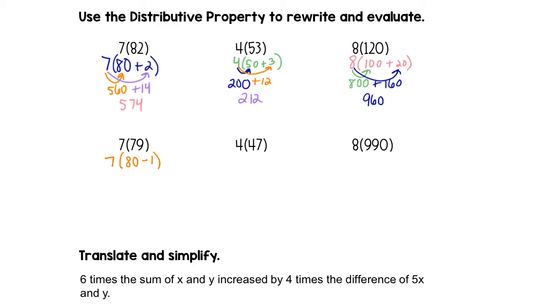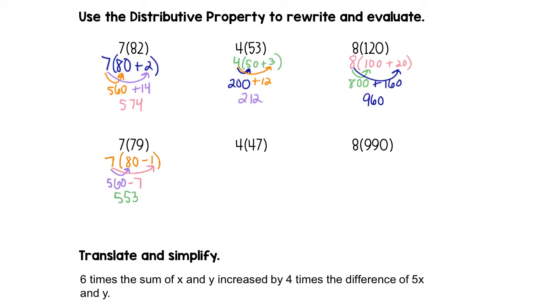Don't get me wrong, you can use 70 plus 9 and multiply it that way and add. This is just a different thought. Now we can multiply. 7 times 80 is 560. And 7 times negative 1 is minus 7. So 560 minus 7 is 553.